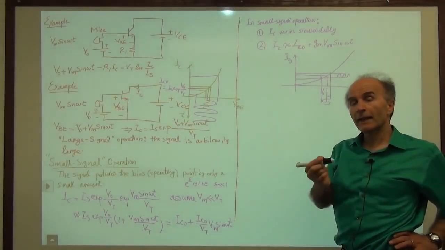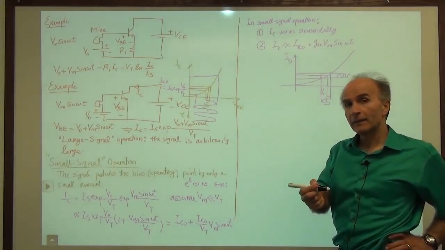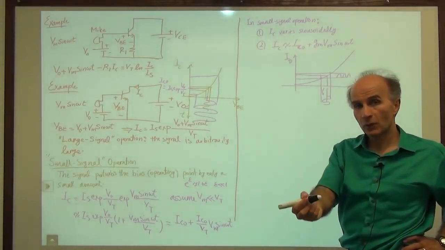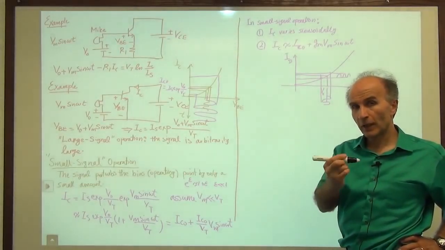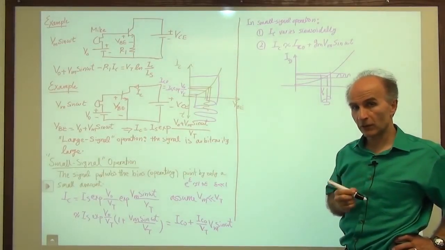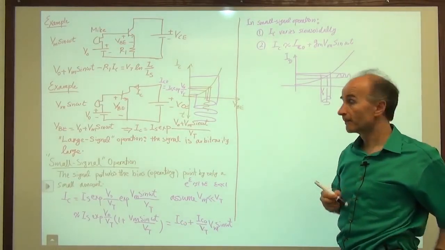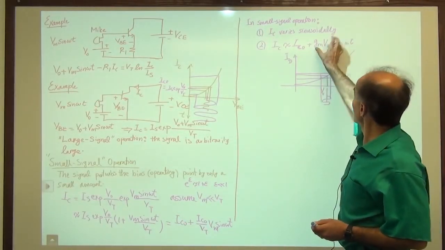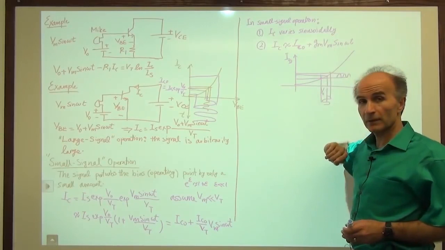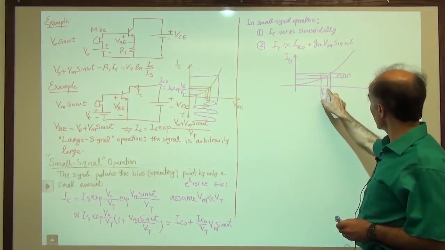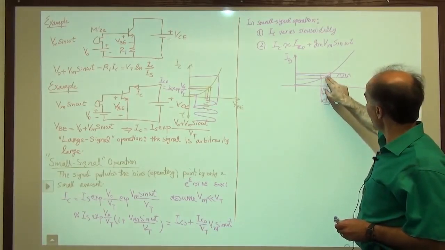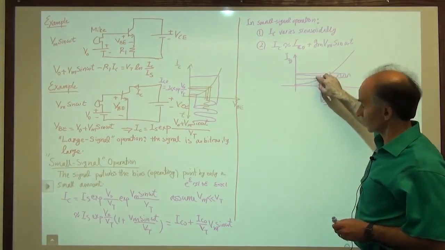So why is it that I can say that the output current fluctuation is equal to Gm times the input voltage fluctuation? So we're saying that this voltage fluctuation times Gm gives me this current fluctuation.